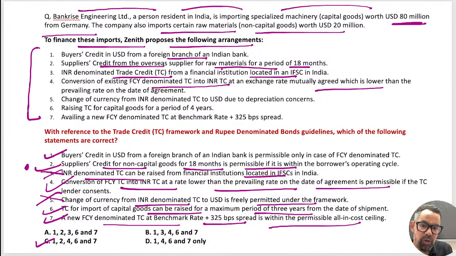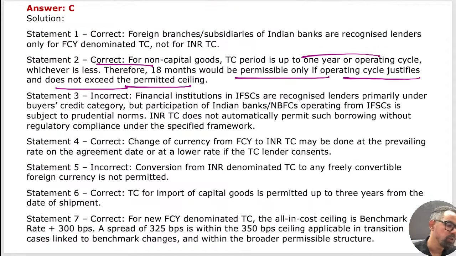Then this should be wrong, no? Supplier credit for raw material for a period of this. Anywhere it is mentioned around the operating cycle of 18 months in the financing arrangement? Okay, yes, it is in the statement itself, so that's why it is true. Usually for non-capital goods there are two things: one, it is 12 months, or the operating cycle.